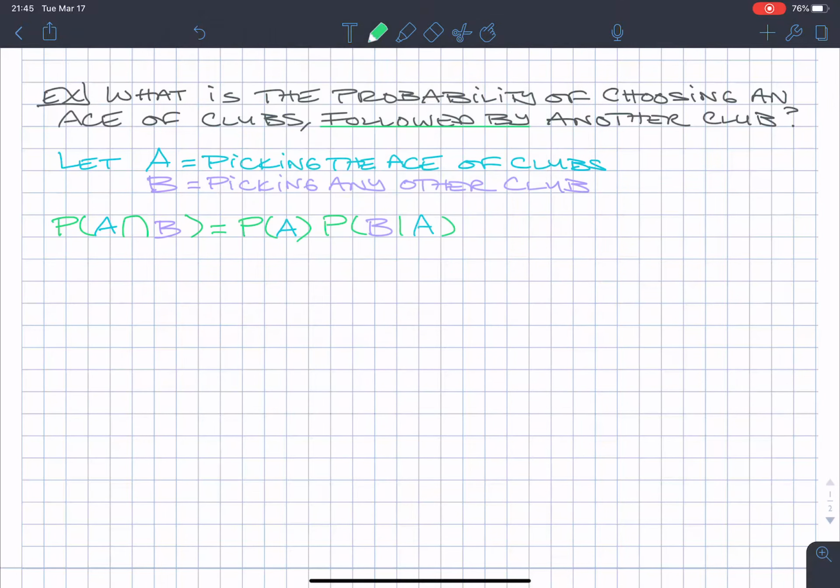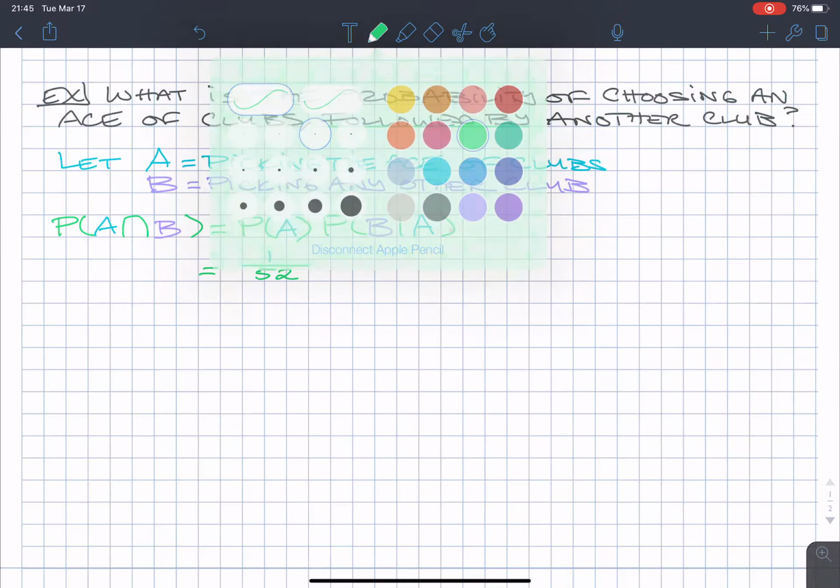Okay, so let's think about this. What is the probability of picking the ace of clubs? There's only one, and since I'm picking that one first, I know there's 52 cards, and the probability of picking the ace of clubs is 1 in 52 cards.